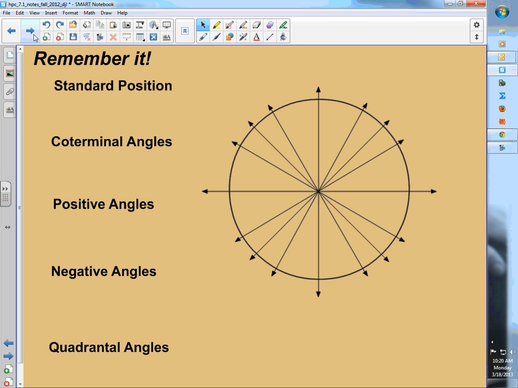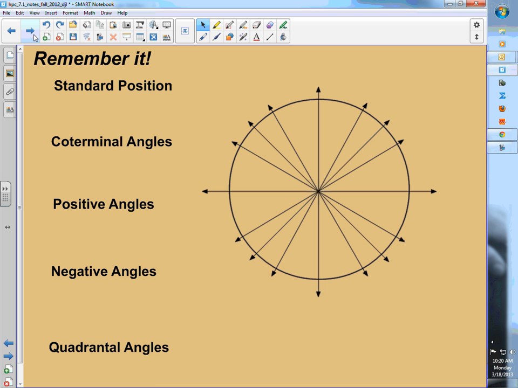These are the things that you want to have a good understanding of based on what we've said so far. We've already defined all of these. Are there any of them that you're not clear on? Take a look and see if any of these things don't make sense to you. Do you have this in your notes? Standard position is horizontal right, counterclockwise.